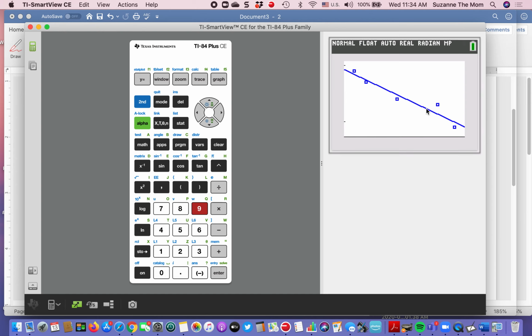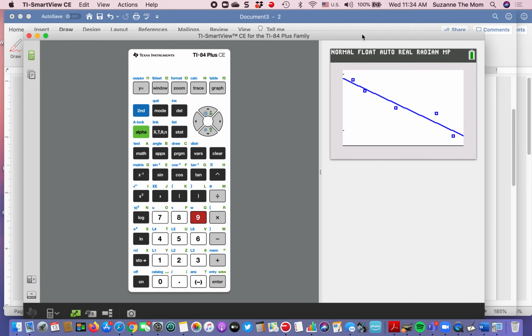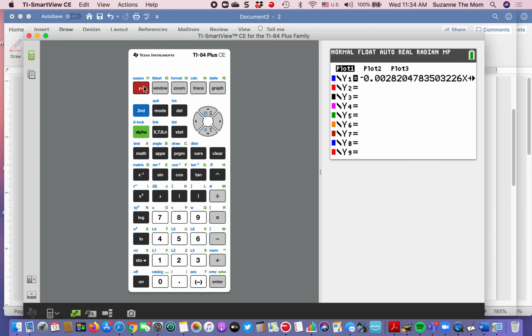Now, the reason you have a line on your graph is because you saved your line of best fit, which is that equation that we just wrote down, y equals negative 0.003x plus 16.5, in your calculator. And if you go to y equals, you can actually see it in here, only they didn't even round the decimals. All the decimals are put in there for you, so answers will be more accurate.